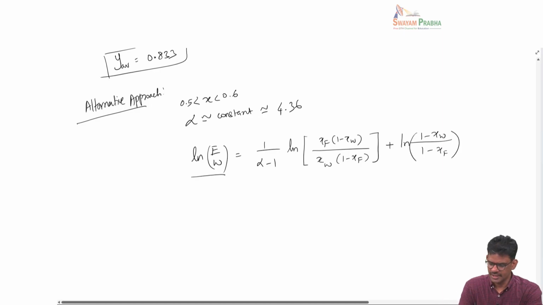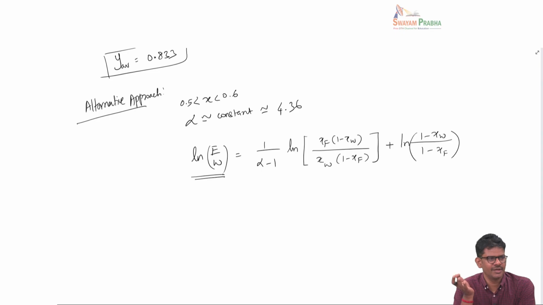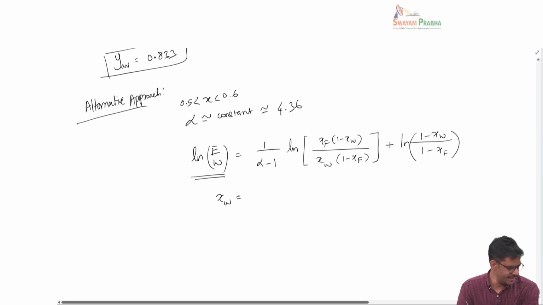So here again this value remains the same as before, and here you have to again, using a trial and error method, use a different xw value and see when this equation is tallied, and you will see that this equation is tallied when xw is close to about 0.5, which is not very different. I mean, it's actually the same value as we got from numerical integration.